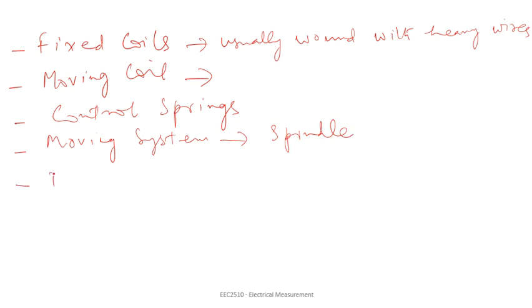And for the damping mechanism we have already discussed that these types of instruments will have an air damping mechanism. So these are the major constructional features of the electrodynamometer type instrument.